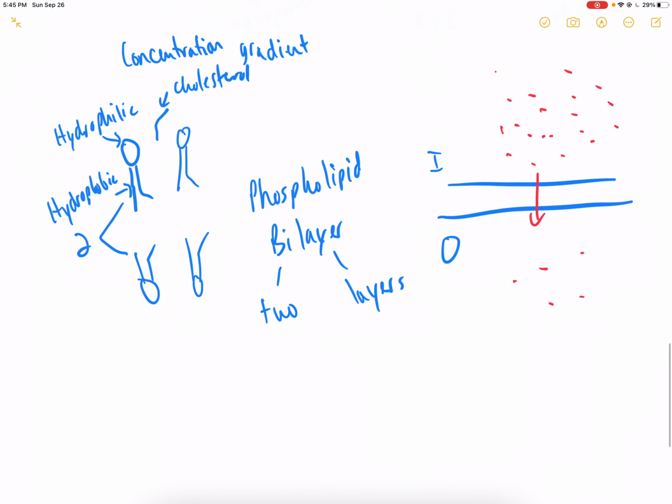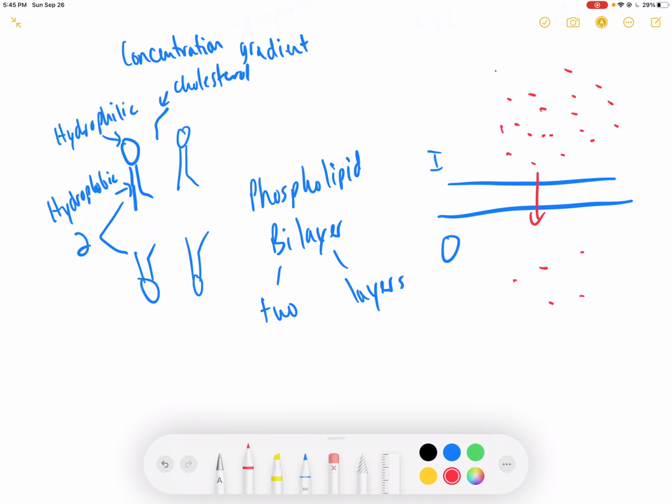If I did the same here, but instead of having the arrow, I drew this protein, still high to low. This would be facilitated diffusion because it's still high to low, no energy required, but uses a transport, or in this case, a protein.